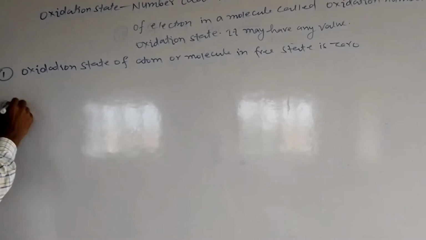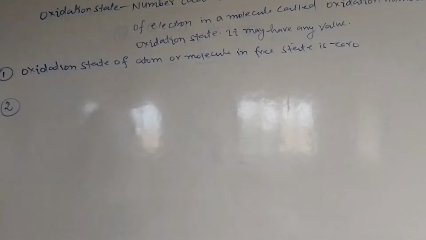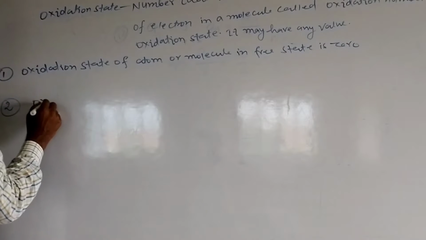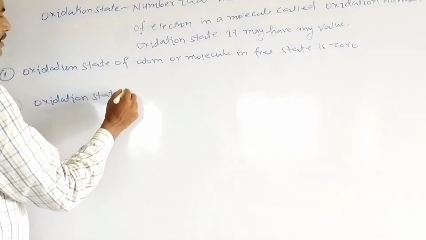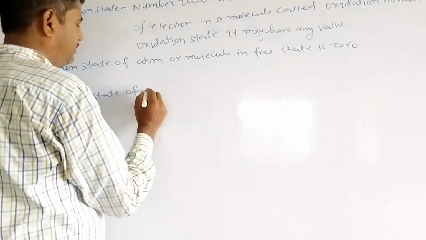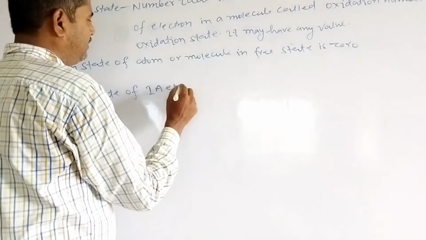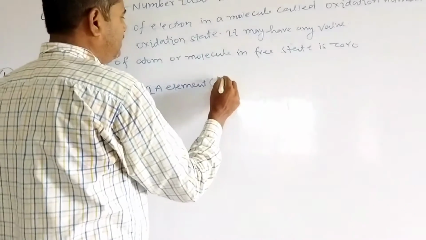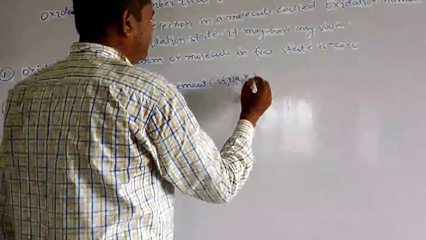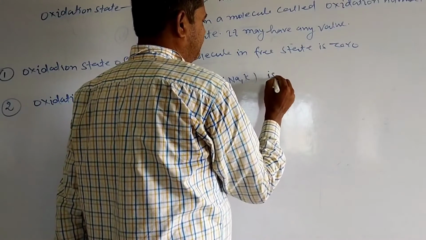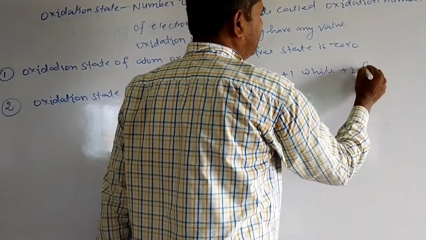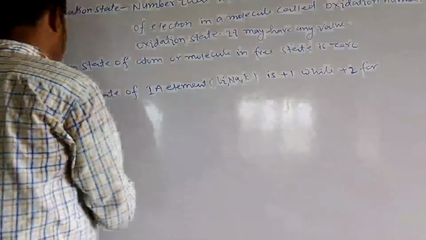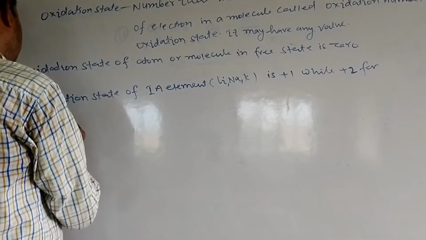Second, the oxidation state of first group A elements, that is lithium, sodium, potassium, is +1, while +2 for second group A elements.